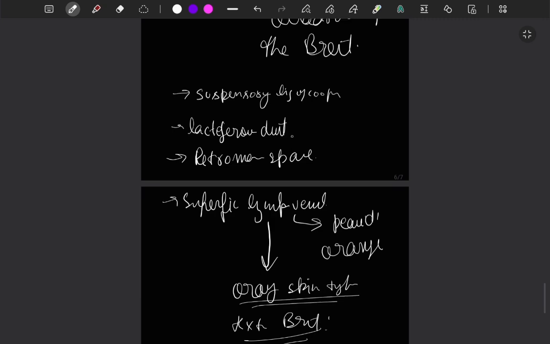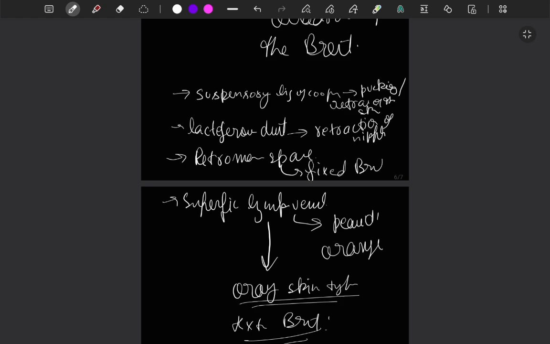Lactiferous duct involvement causes retraction of the nipple, and the suspensory ligament causes puckering or retraction of the skin. The retromammary space involvement can cause a fixed breast.